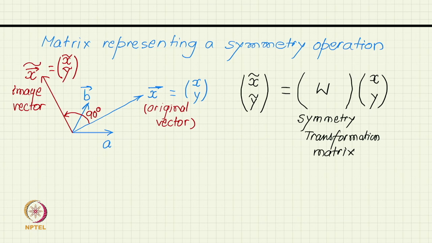So, if you now see how to, I like this computer science language algorithm, you can say method. So, method to determine the symmetry transformation matrix W, exactly the same procedure.